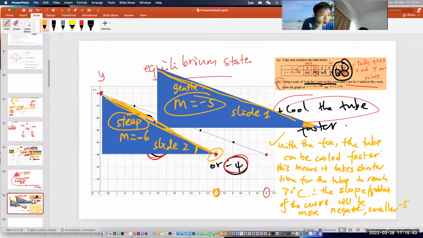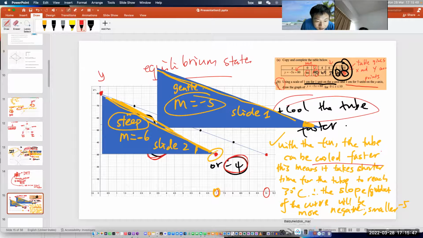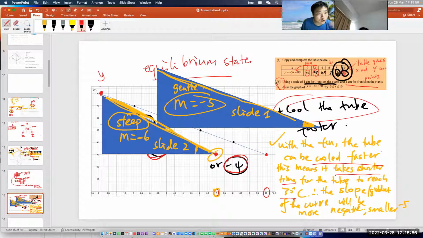You talk about the phenomenon first. What's the phenomenon? The phenomenon is it will cool faster. So cool faster means what? Take shorter time to reach the 30 degrees. So this is the English part. Then how do you translate the English part into mathematics? Then you need to talk about the slope. So the slope will be more negative. More negative means what? Smaller than -5.